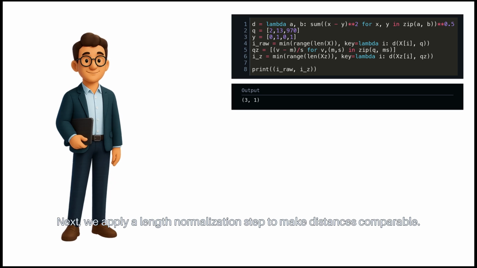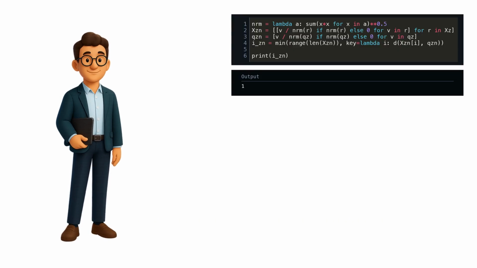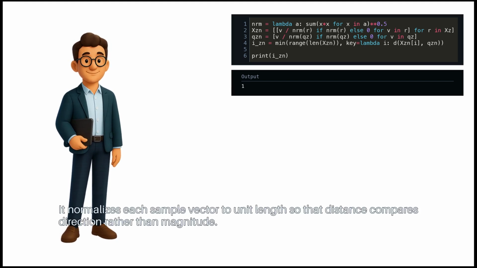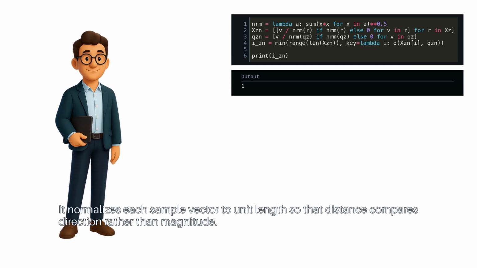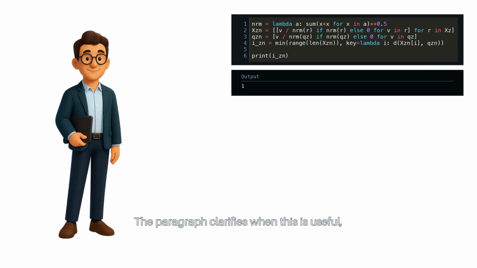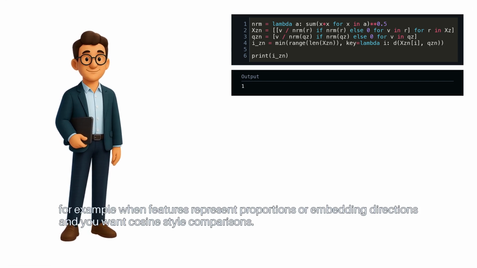Next, we apply a length normalization step to make distances comparable. This snippet applies L2 normalization after standardization to compare distances fairly. It normalizes each sample vector to unit length so that distance compares direction rather than magnitude. The paragraph clarifies when this is useful, for example, when features represent proportions or embedding directions, and you want cosine-style comparisons.